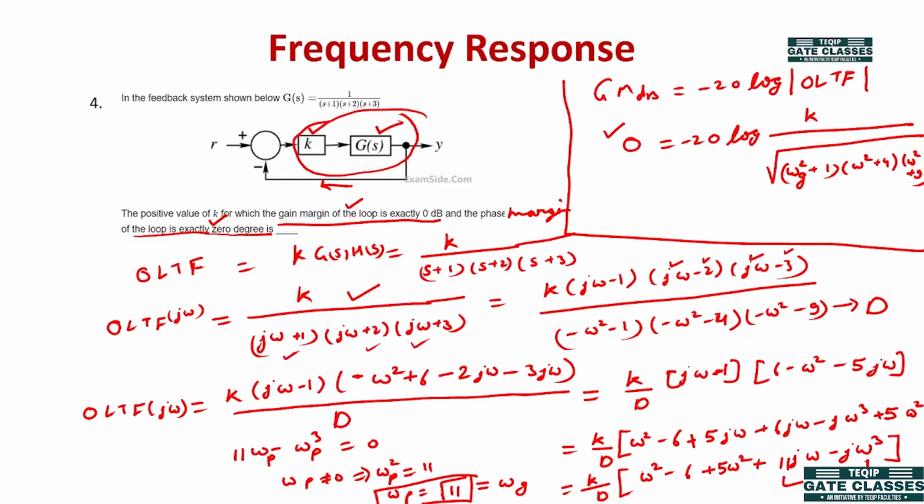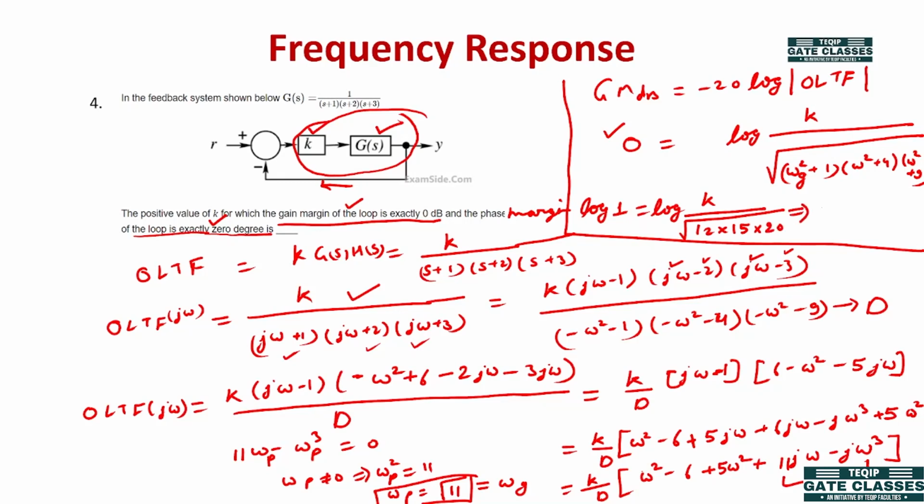If we take this to the left hand side, this would vanish, and we know log 1 is equal to 0, so log 1 is equal to log k upon, we put the value of omega, under root omega g is under root 11, so omega g square is 11, so this is 12 into 15 into 20.